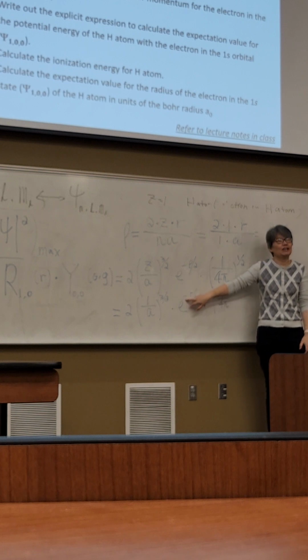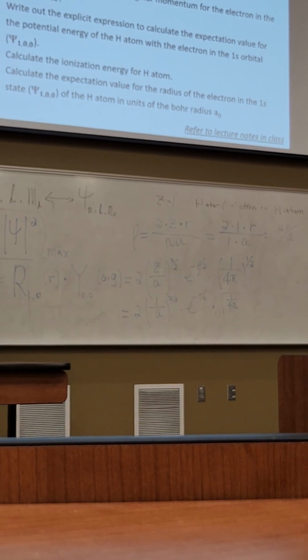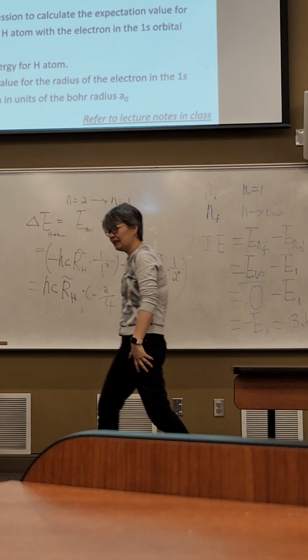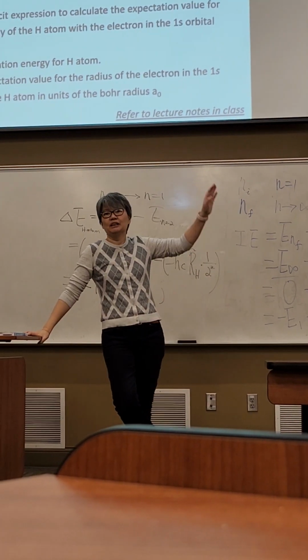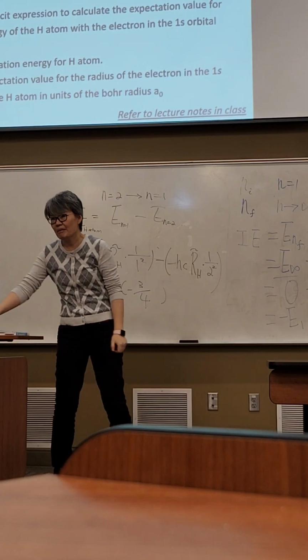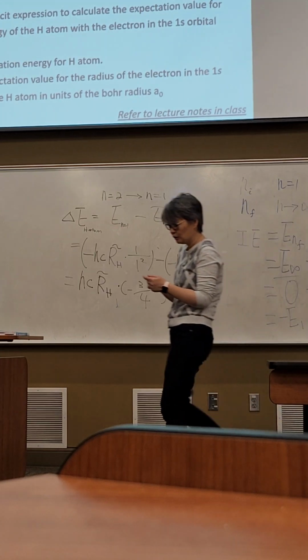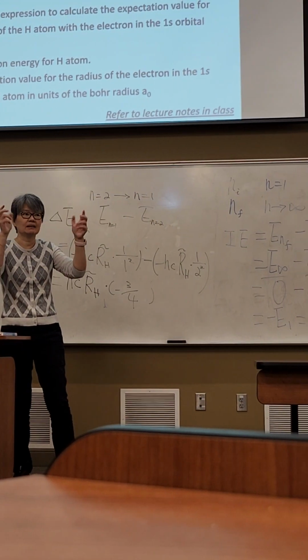It's an exponential decay, which means as you increase r from 0 to infinity, the wave function value decreases. So therefore, the maximum value for that wave function is at r equal to 0.